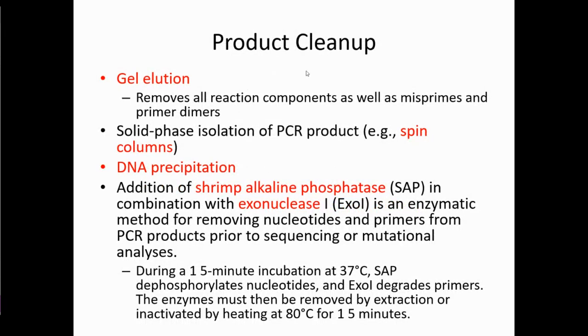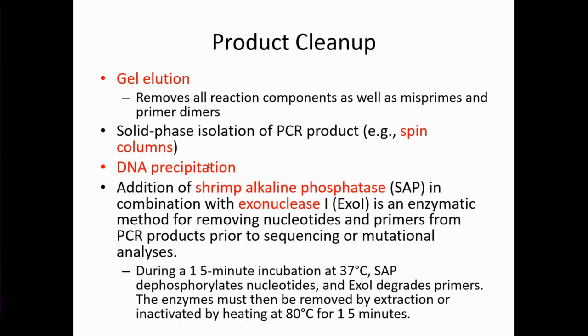And then the product cleanup. As I mentioned, if you perform agarose gel electrophoresis, then you can purify the product from the gel directly, the gel elution. Or you can do solid phase isolation of the PCR product, or DNA precipitation.